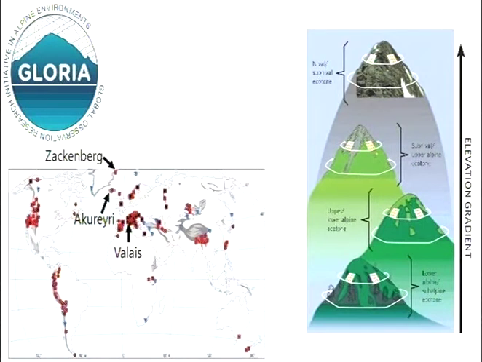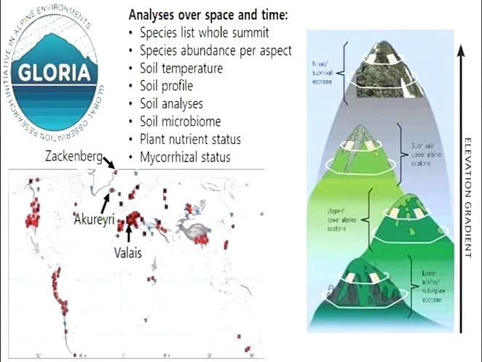And we measured the response of diversity, species biodiversity, species abundance, on each of the aspects of 4 summits on each of the sites. And we also measure the drivers of the changes in biodiversity, so soil temperature, the abiotic factors.